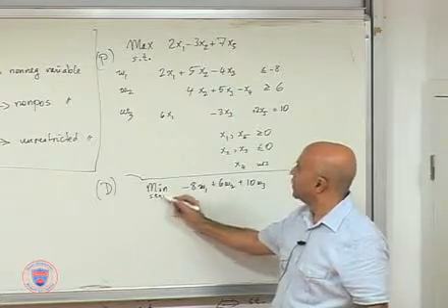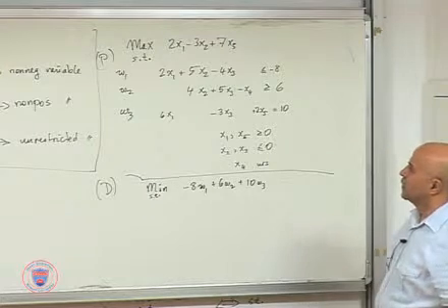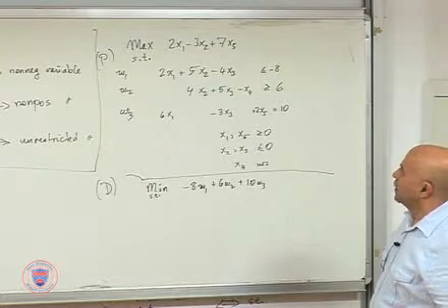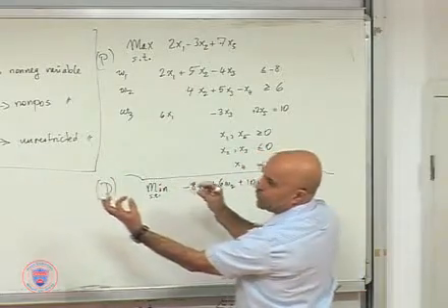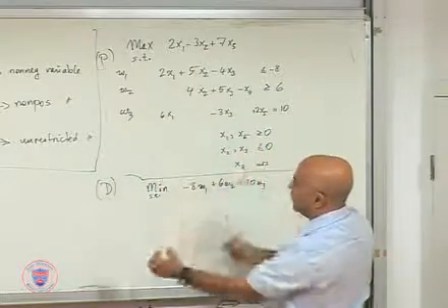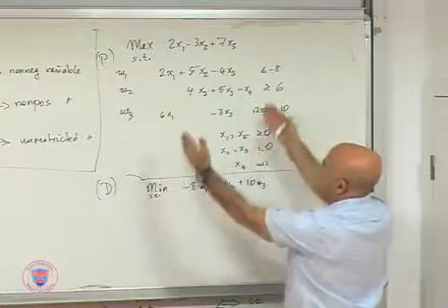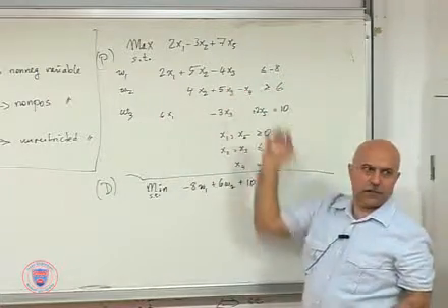Subject to, now you're taking the row vector W1, W2, W3, multiplying it with the A matrix that you see here.